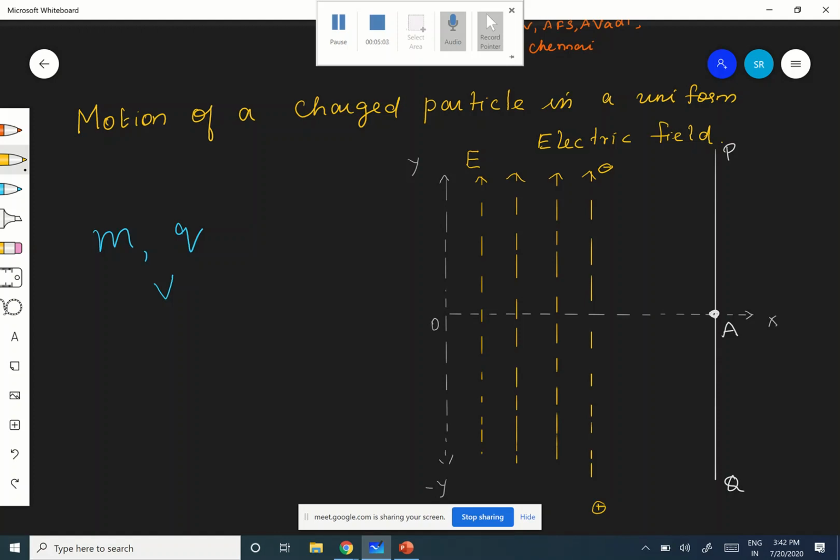The particle is a charged particle, and it is subjected to an electric field, so definitely it will experience some force. The force experienced by the charged particle is F equals Q into E. This is the force acting on the charged particle.